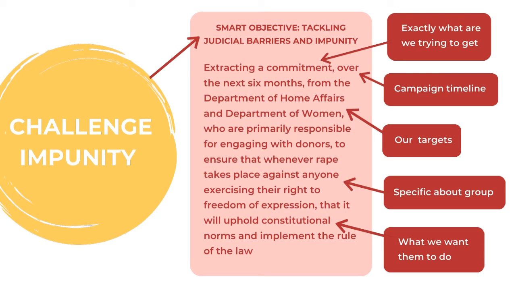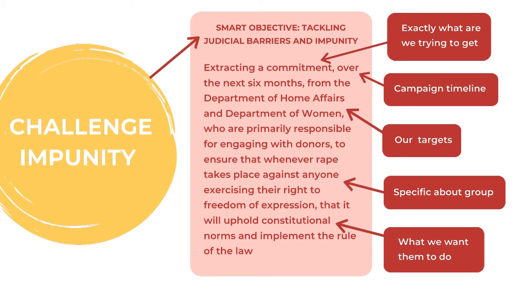For example, what we may want to do is extract a clear commitment over the next 6 months from the Department of Home Affairs and Department of Women, who are primarily responsible for engaging with donors. The commitment is to get them to agree to ensure that whenever rape takes place against anyone exercising their right to freedom of expression, it will uphold its constitutional norms and implement the rule of law.